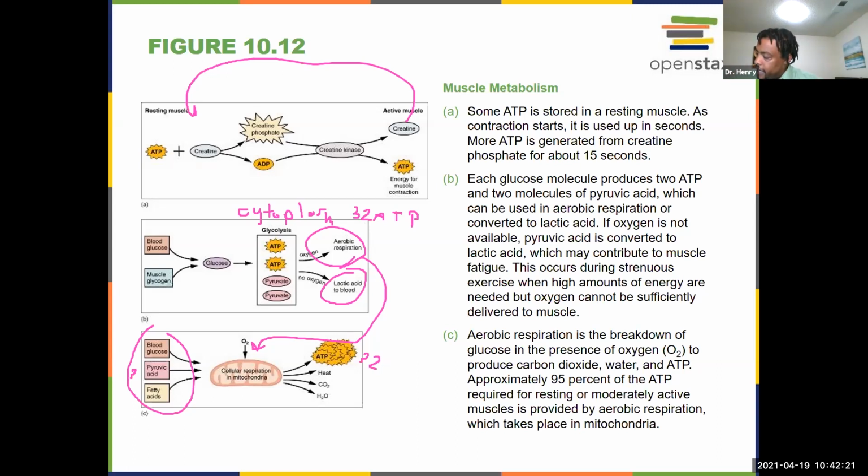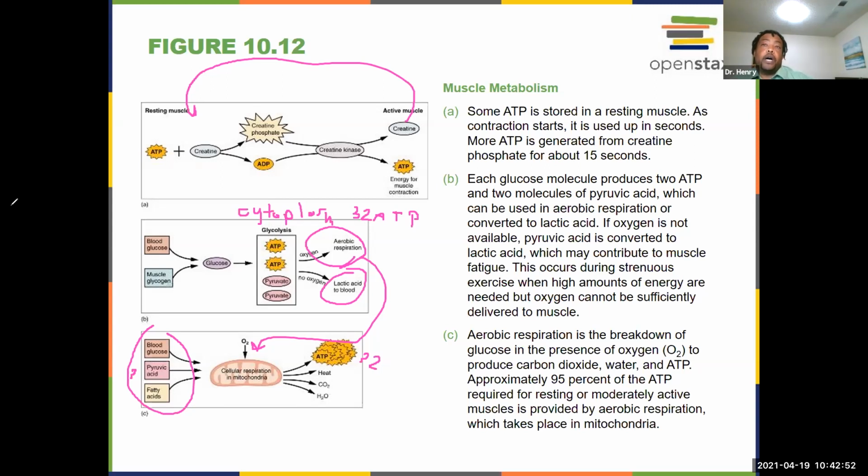Questions, concerns? Okay. So aerobic respiration is what? Aerobic meaning what? Anyone? Oxygen. Yes. So aerobic respiration is when there's oxygen present.